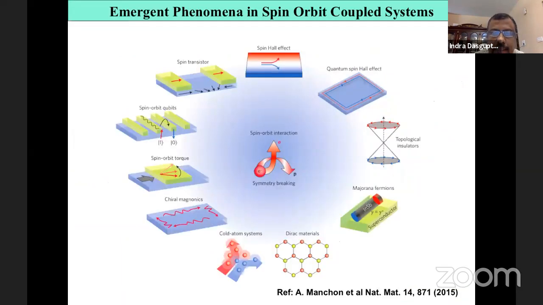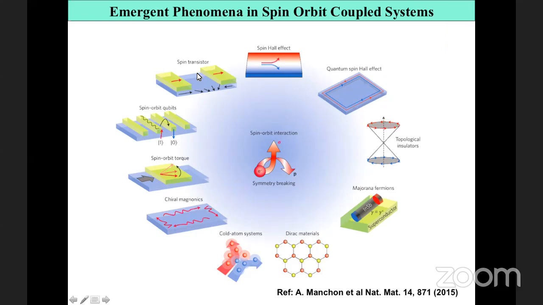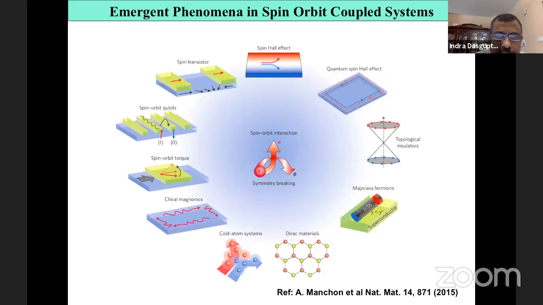Well, so let's talk a little bit about spin orbit coupled systems. As this slide shows, taken from a review appearing in Nature Materials some 5 years back, spin orbit coupled systems hold a plethora of interesting properties, which range from the quantum spin Hall effect to topological insulators on one side, to several kinds of device concepts, which include spin transistors, spin orbit qubits, spin orbit torque, and so on and so forth.